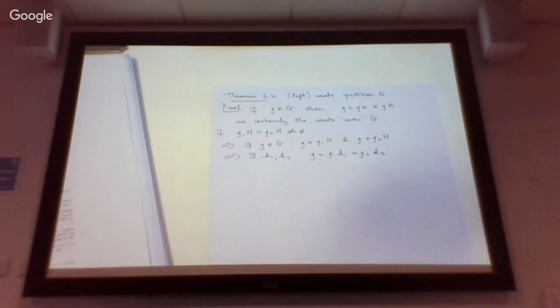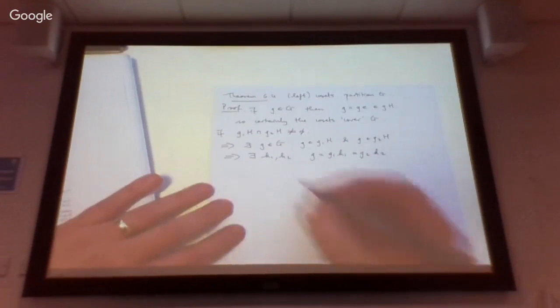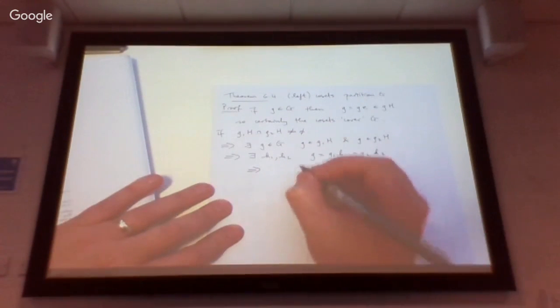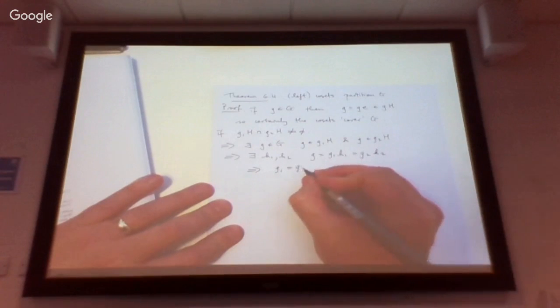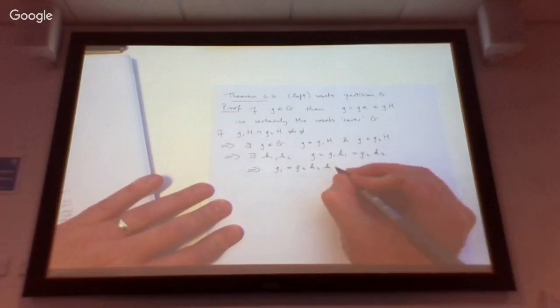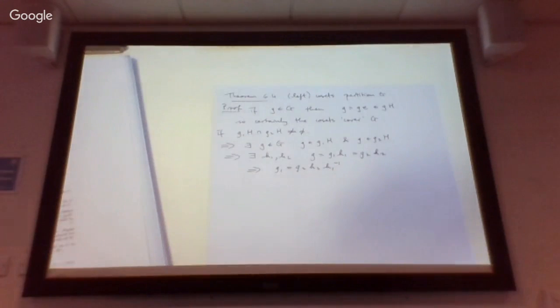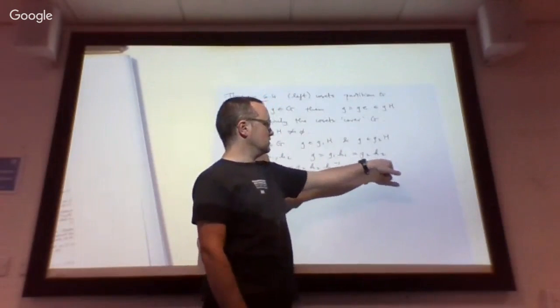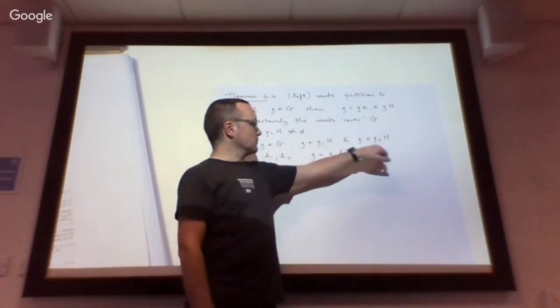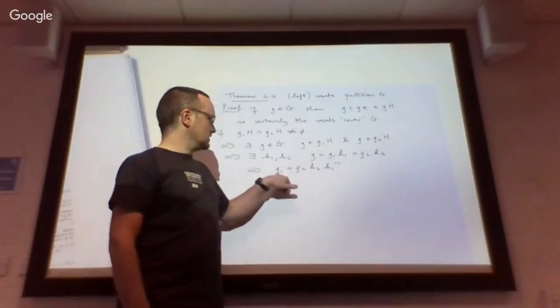But then we can rephrase this in either way. For instance, we could say that g1 is g2h2h1 inverse. We can multiply both sides of the equation g1h1 equals g2h2 on the right by h1 inverse, and we get this.